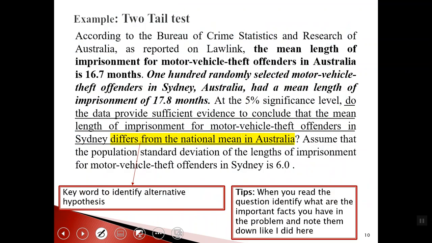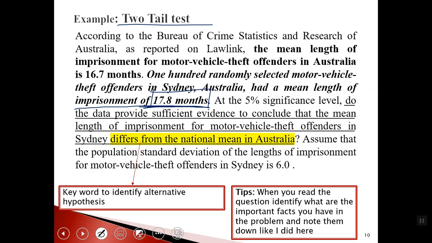Let's see another example. This example is based on a two-tail test. How do you say this is a two-tail test? Go through this example, read this. They have mentioned some important values, so I will only focus on the most important points in this problem. How are you going to make sure this is two tail or right tail or left tail?